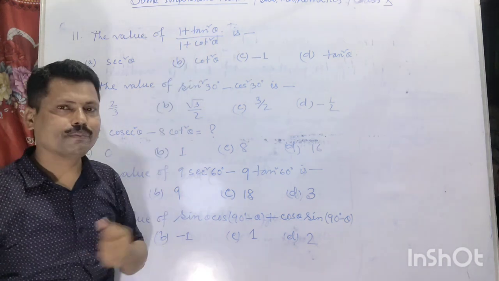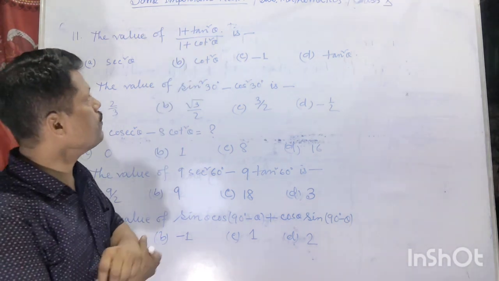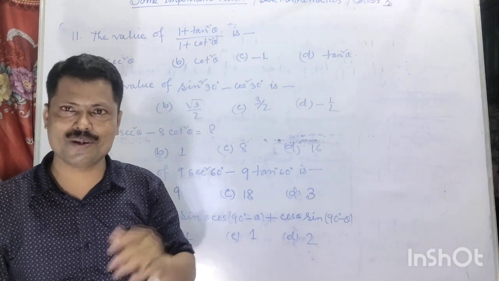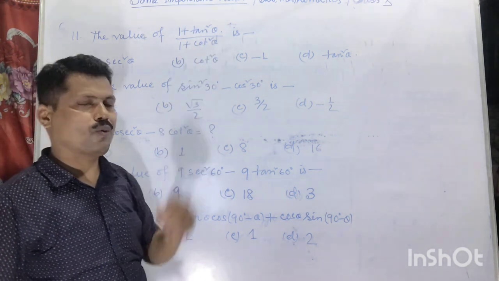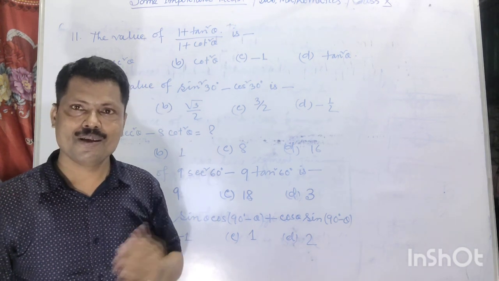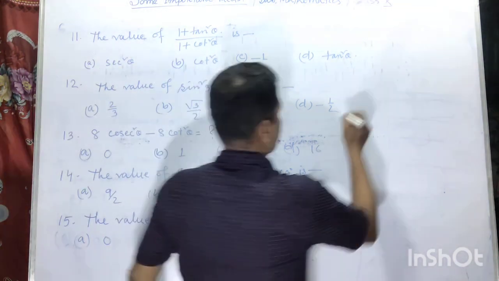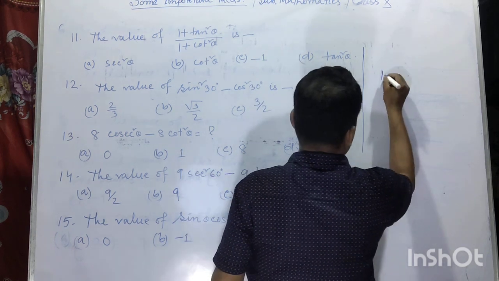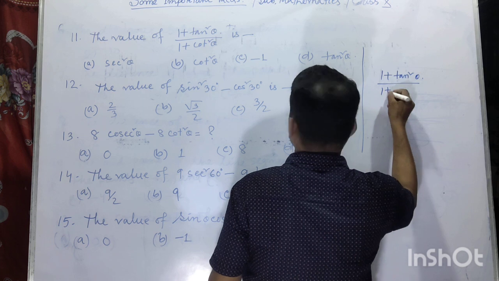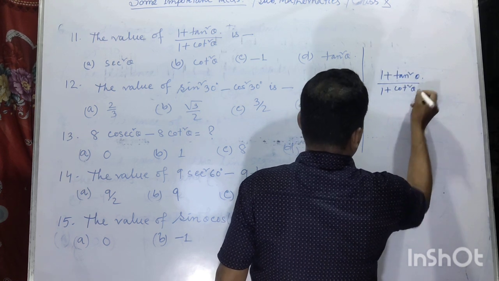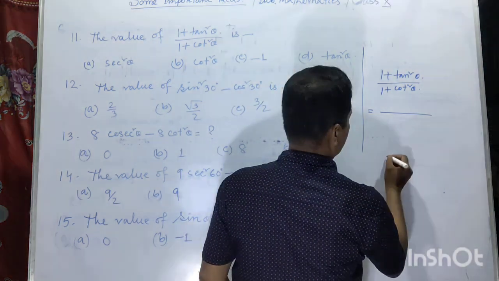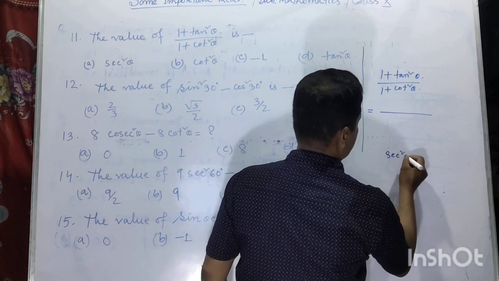So let us see. Usually we know 1 plus tan square theta means sec square theta, and 1 plus cot square theta means cosec square theta. So usually you know the formula.